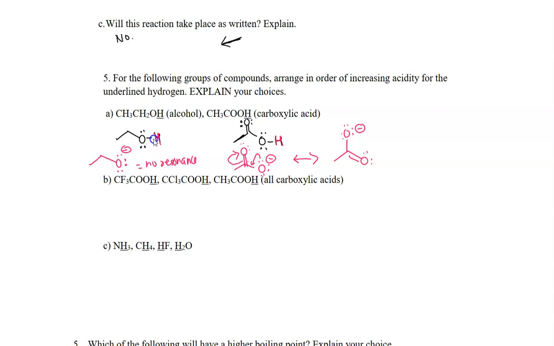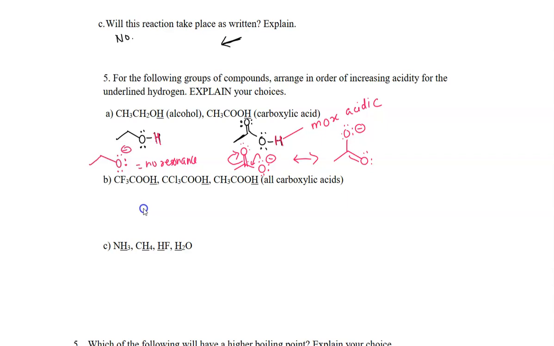Therefore, the proton connected to the oxygen in the carboxylic acid is more acidic. So you can say that the proton here is more acidic. So the carboxylic acid is more acidic than the alcohol.